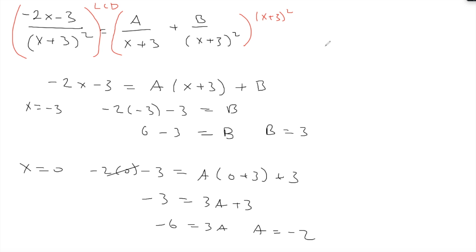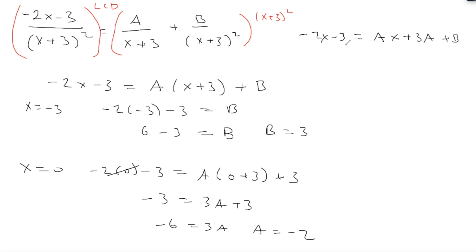If I had done it the other way, just to show the version that you were doing, let me sneak over here with this, and I'll go negative 2x minus 3 equals, and I'm going to go ahead and distribute that a through, and go ax plus 3a plus b.